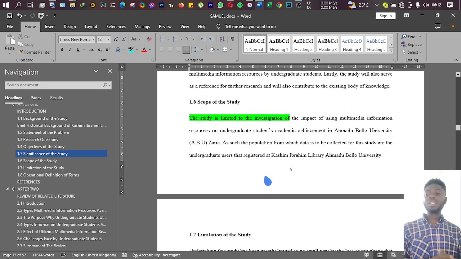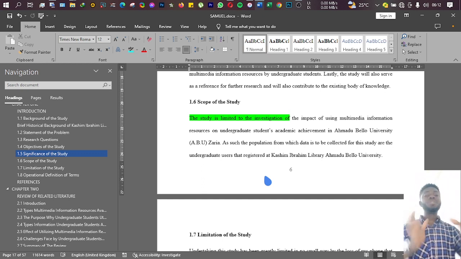Then the next point is what? The scope of the study. The scope of your study is the coverage of your study. By the time you get to master's level or PhD level, you write theses and dissertations where your study area spans 6 states, 3 states, a geopolitical zone, right? But in your undergraduate research, your scope is usually limited to that particular place you are trying to study.